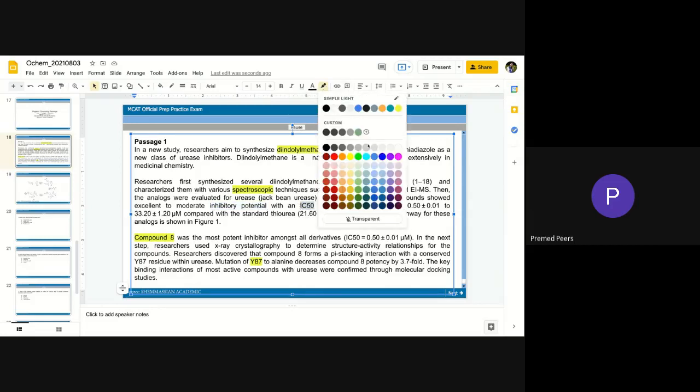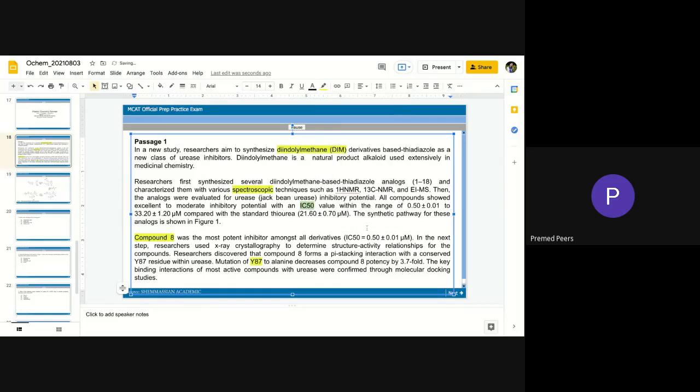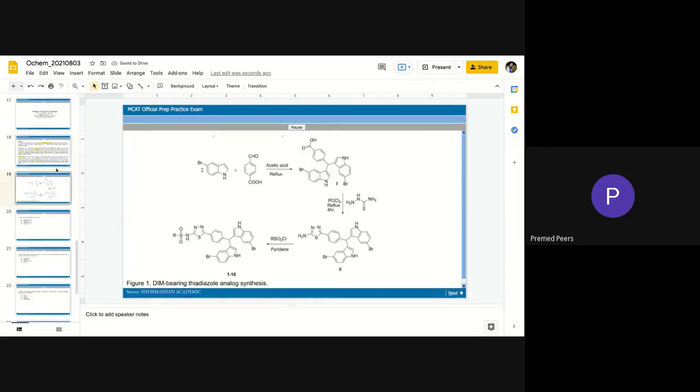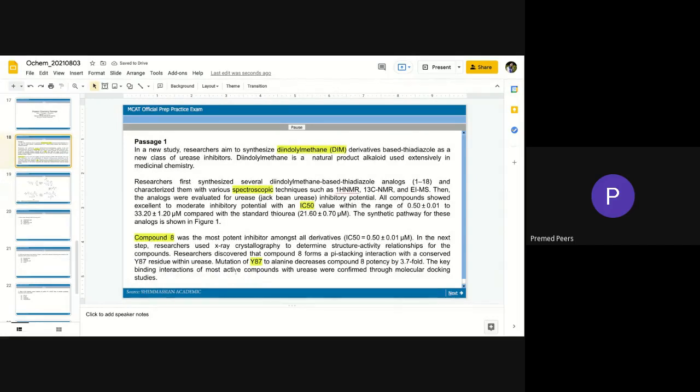It is almost like the half-binding value, where the binding site is half filled. Basically, that is what that means. Then in the third paragraph, I just see compound A, most potent, okay.